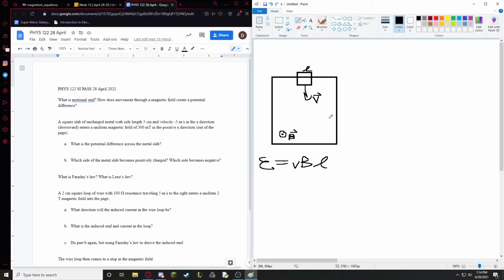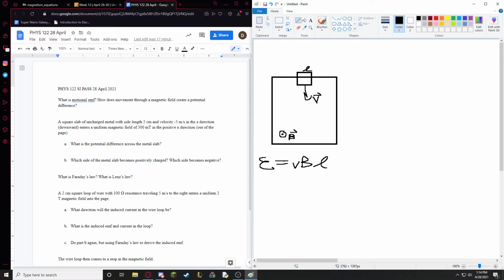And now, which side of the metal slab is going to be positive and which side is negative? How is this potential difference oriented? The charge is going from left to right, so the greater potential is on the right and the lower potential is on the left.